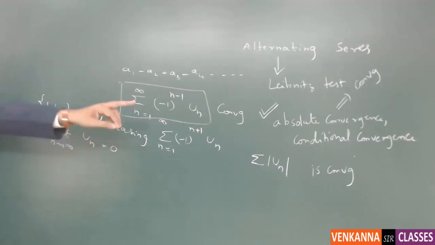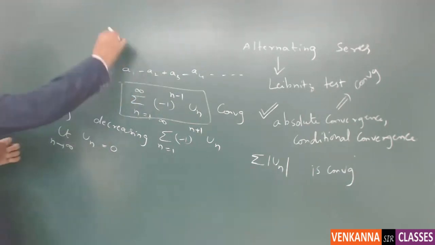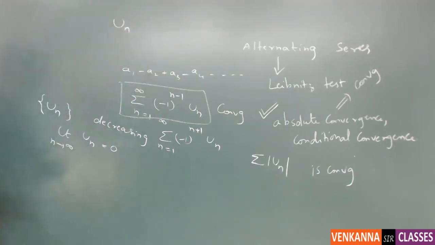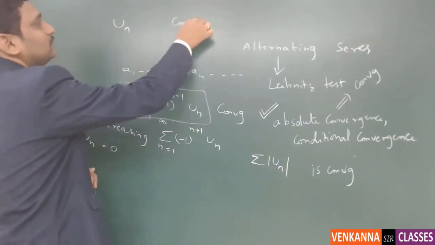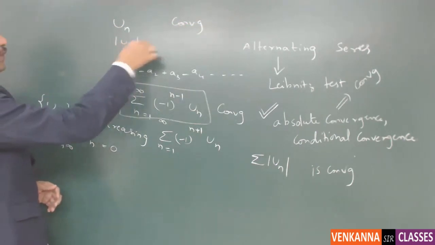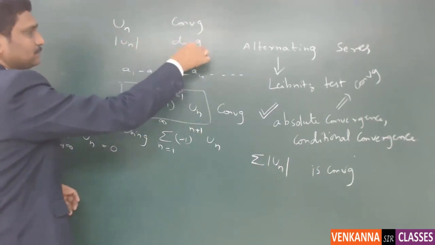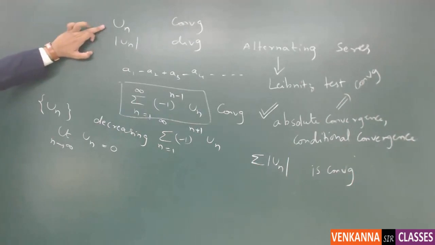And the part of conditional convergence is nothing but, if I consider un, it is convergent. If I consider modulus of un, it is divergent. To understand the difference, if you take the sequence as it is, it will be convergent.